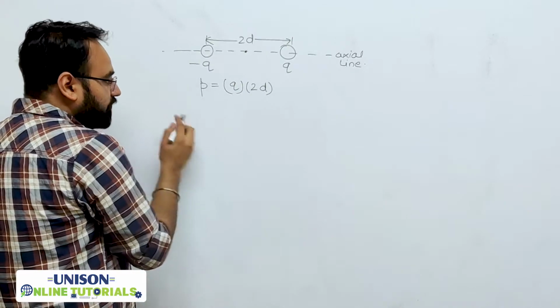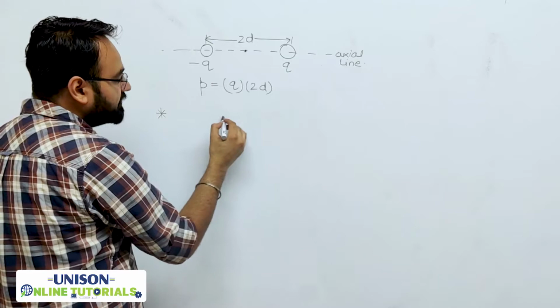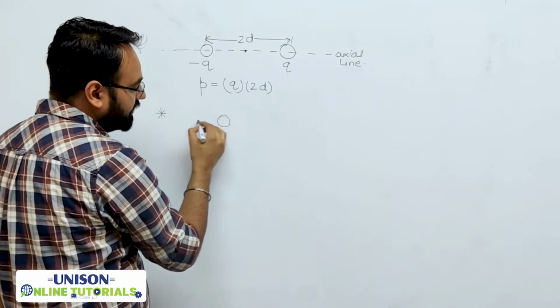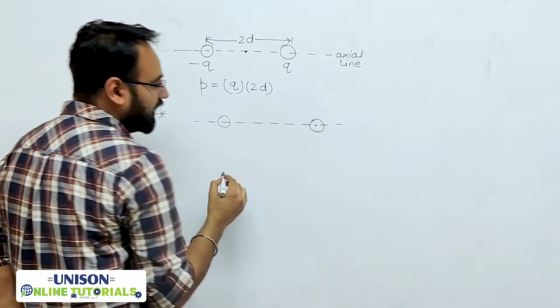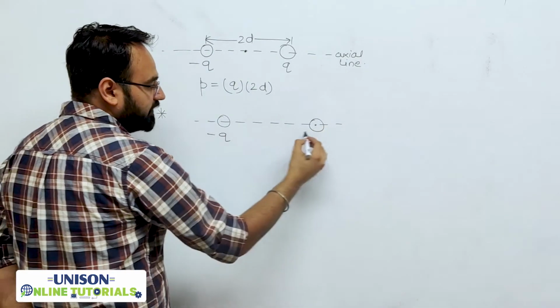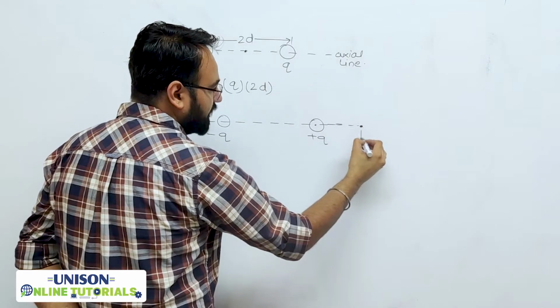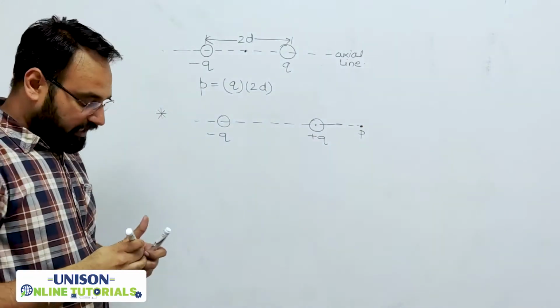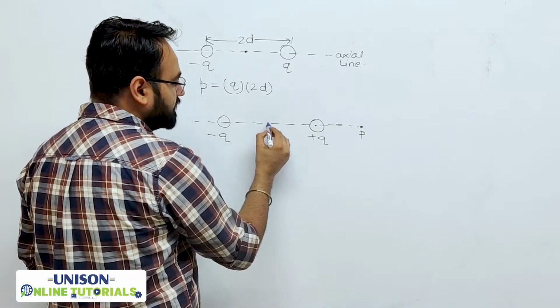Now, if I want to find the electric field due to a dipole on its axial line, let's see how we can find it. Say I want to find the electric field at this point P. To define this electric field, first of all I have to define the distance.